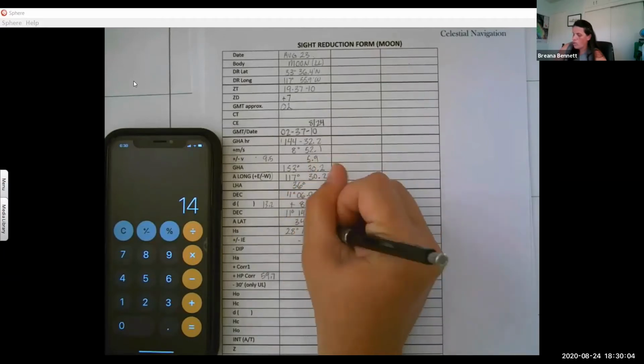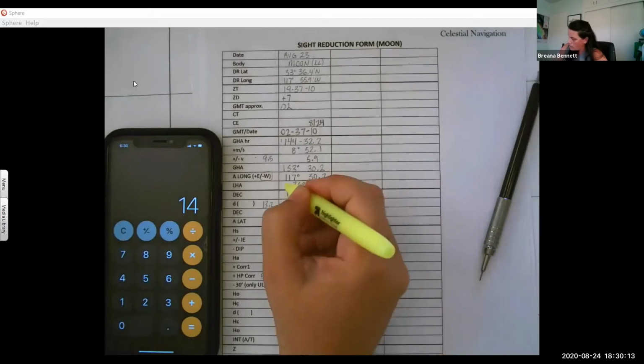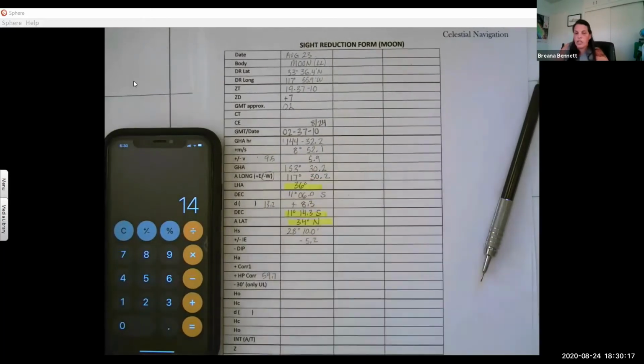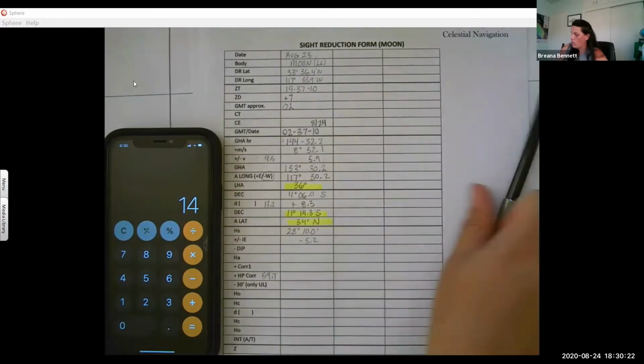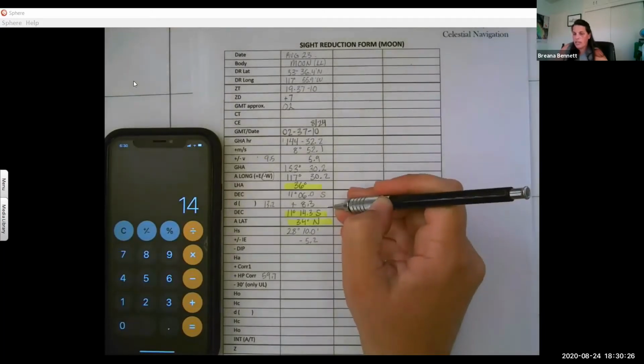So we're going to have a contrary. So these are the three things that I go to Pub 229 with. My LHA, whole degree, latitude, whole degree, and then declination has minutes on it.